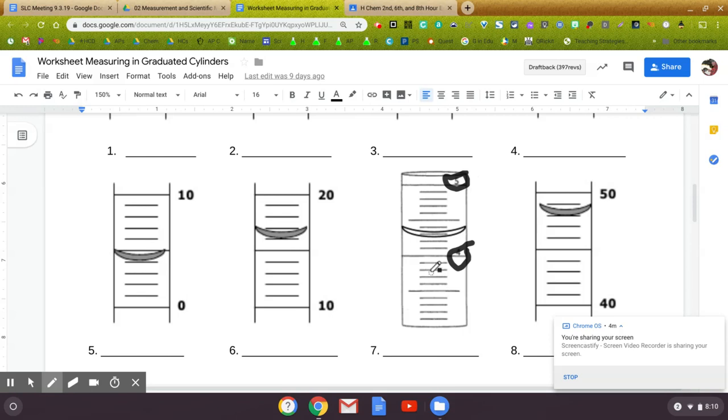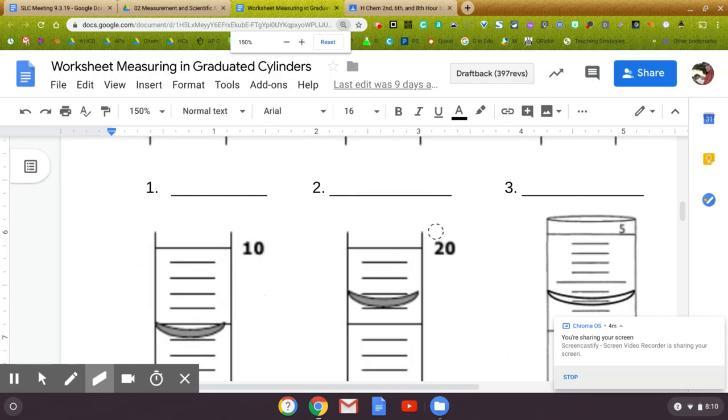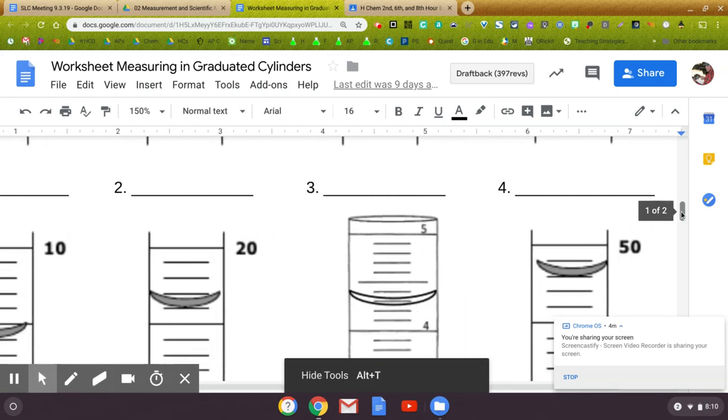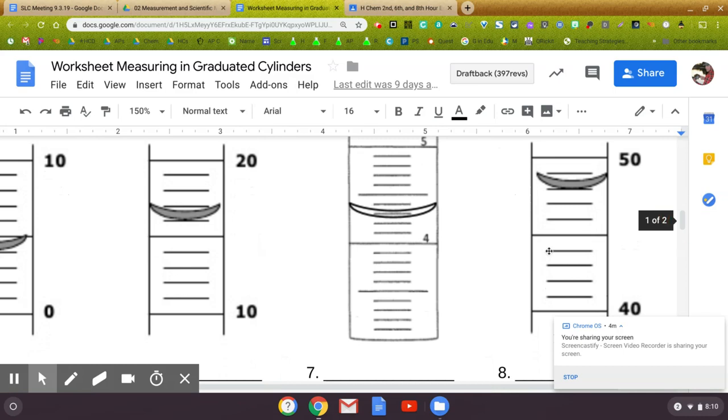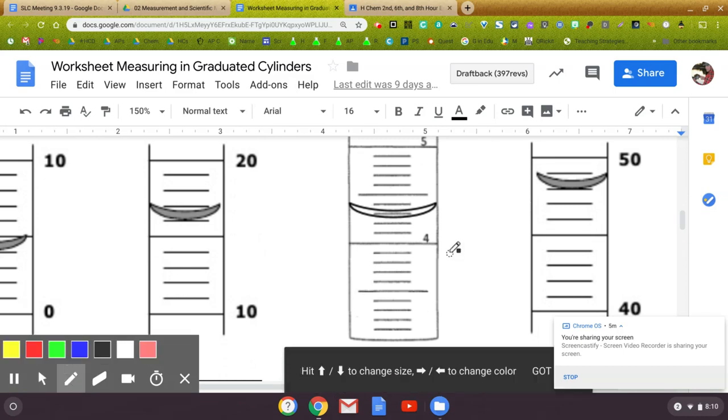So this is probably a 10 milliliter graduated cylinder. That's what ours look like in class. So this is going to measure a little bit more accurately than the 50 or the 100 mil graduated cylinder because there's more lines and we're a skinnier piece of glass.